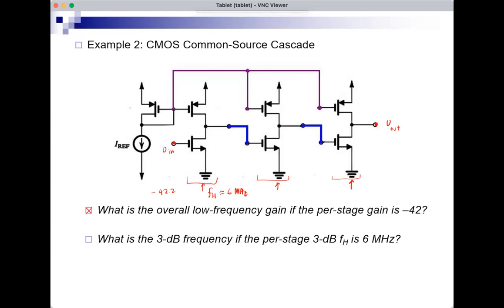And we get a very large gain of more than 70,000. So this is what happens to gain. We multiply the individual gains when the stages don't load each other, and we get the gain at low frequency.